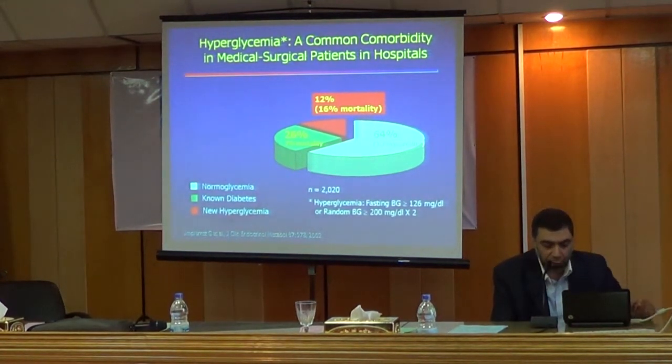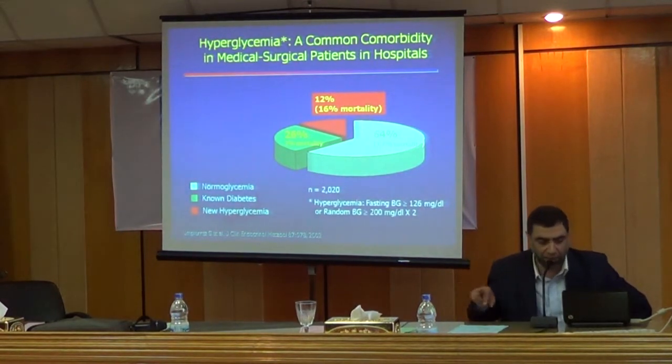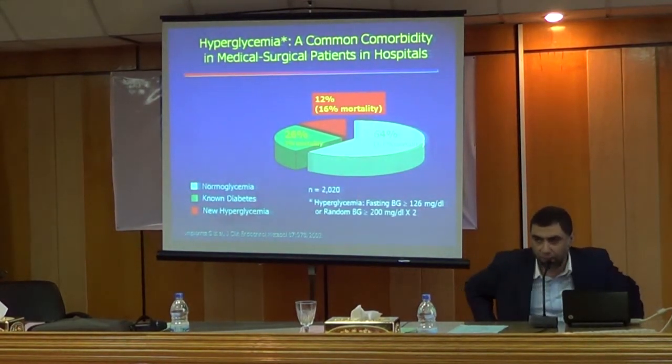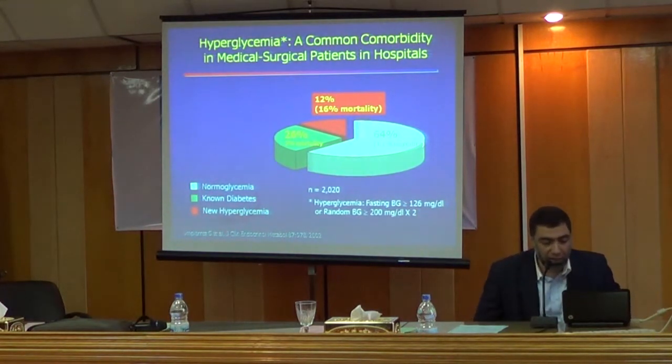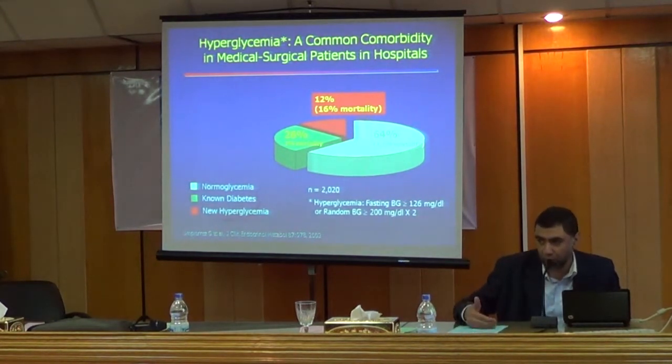If you look at the second sector, the non-diabetic patients, around 26% of hospital admissions, the mortality is doubled. It becomes 3%. But what is astonishing is the last sector, which represents about 12% of hospital admissions, presenting with hyperglycemia for the first time with the acute cause for admission. The mortality is tenfold, 16%.